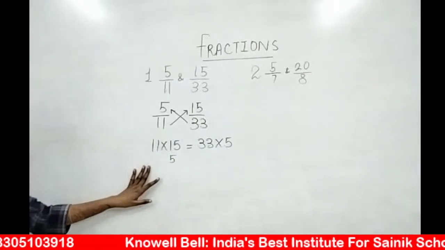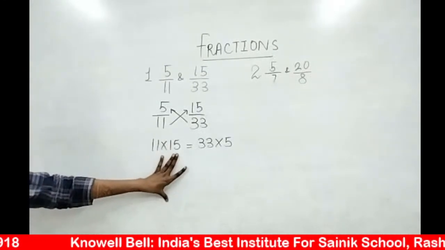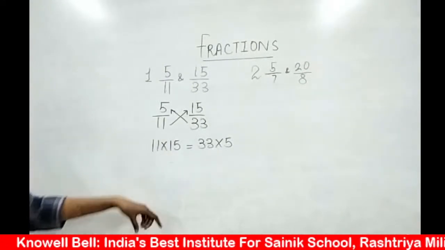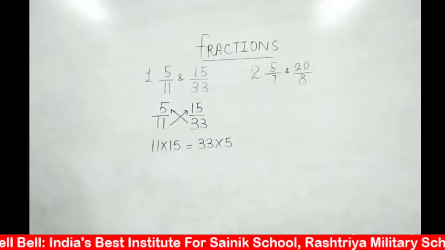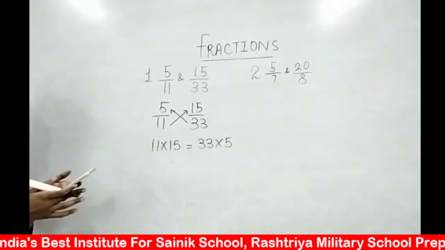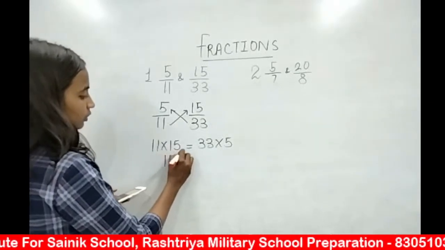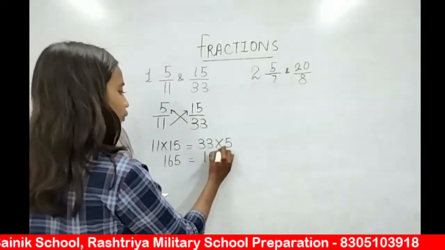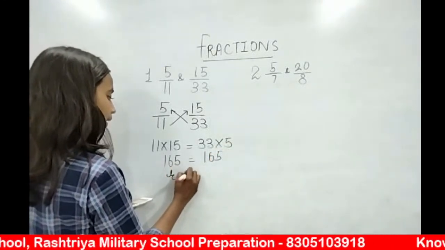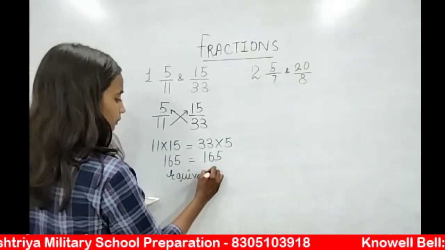Equivalent, yes, good Khushi. You'll solve it. 11 multiplied by 15 and 33 multiplied by 5. Good, Sneha also correct. This will be 165 is equal to 165. So it will be equivalent.